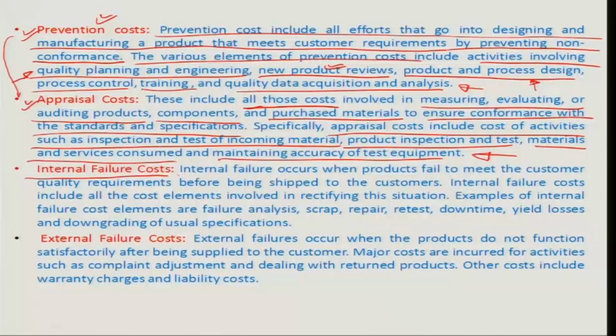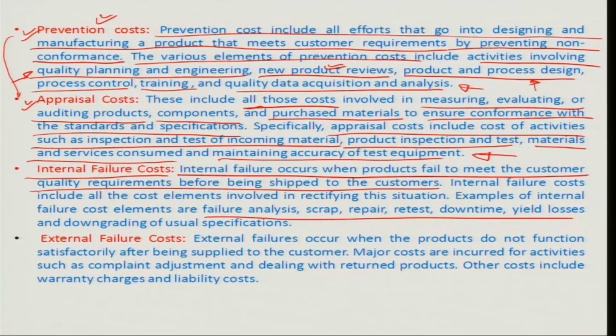So internal failure occurs when products fail to meet customer quality requirements before being shipped to the customer. Examples may be something like failure analysis, scrap, repair, retest, downtime, yield losses, downgrading of usual specifications, sometimes which happen because of some constraints and meeting of the lead times, production lead time issues.